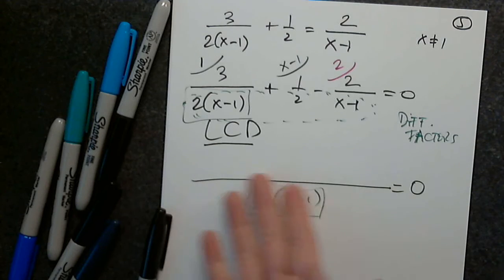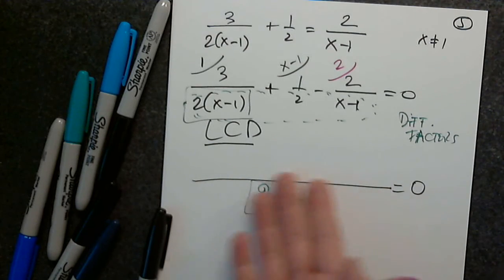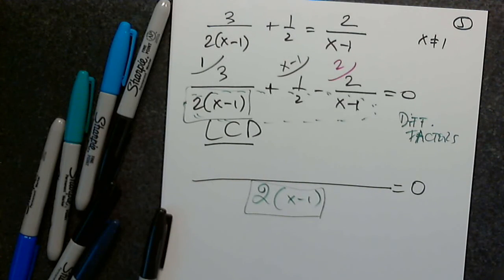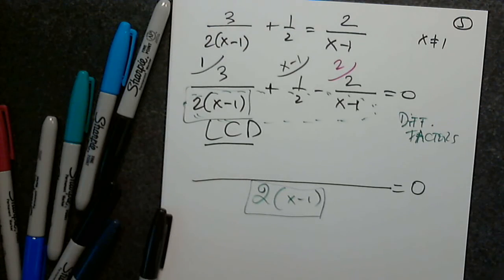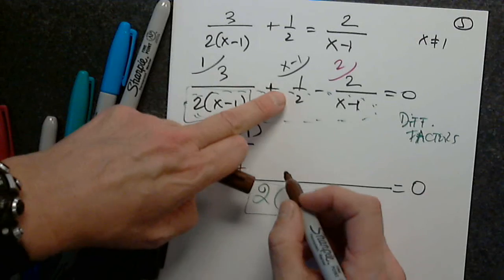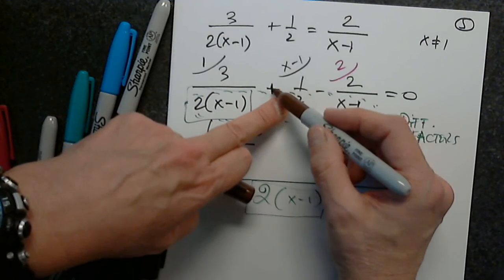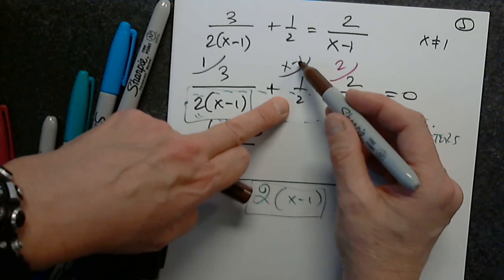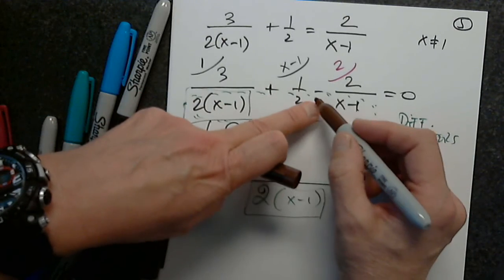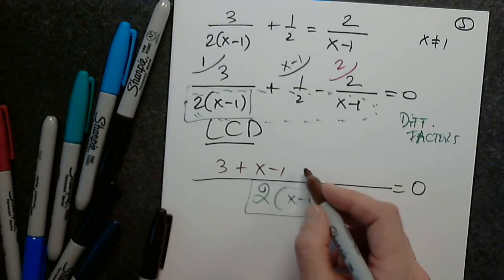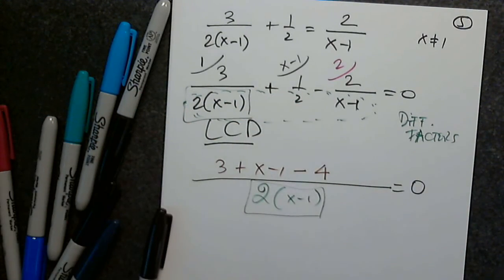Can anyone courageous enough, I'm kidding, give us the numerator? You don't need courage for that. Might be 3 plus x minus... Yes, positive 1 times x, positive 1 times negative 1. Negative 2 times 2. That's it. At this point, we have two options.